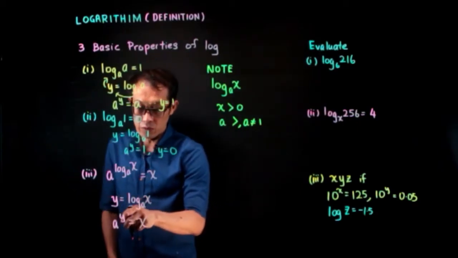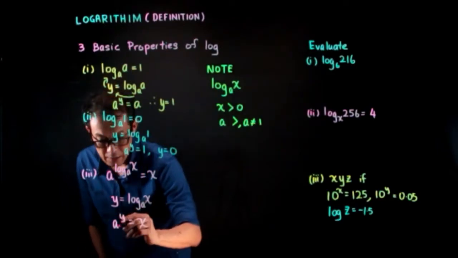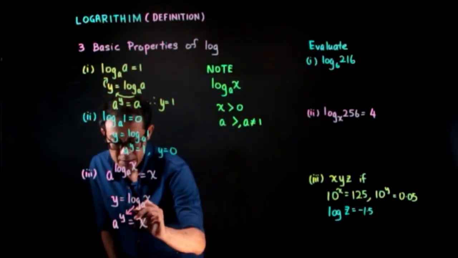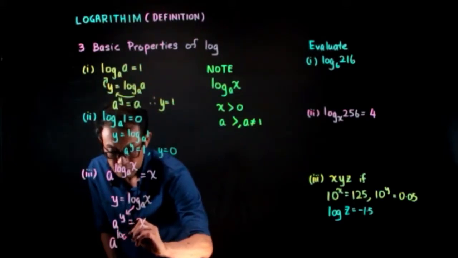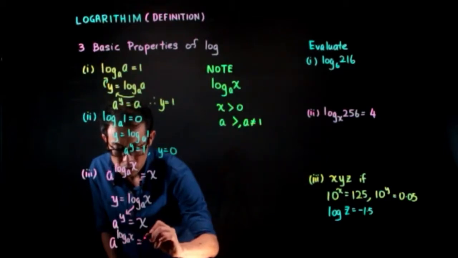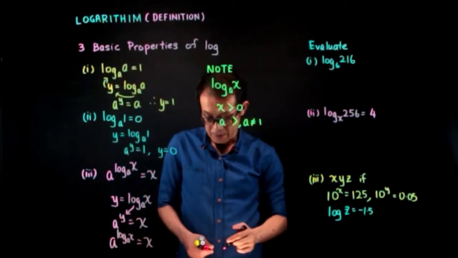Now if you substitute back, replace this back, so you have a to the power of log x to base a is equal to x. It's proven.